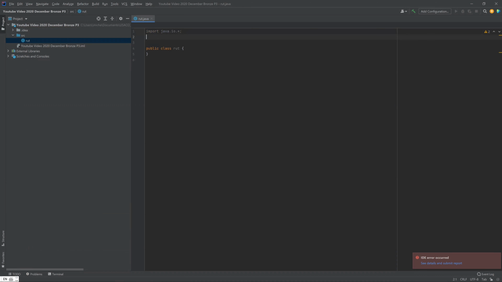I'm just going to import everything. Actually, I just typed main and pressed tab, and that's what it did. All right, let me set up the input and output.